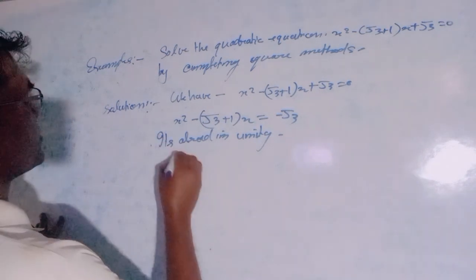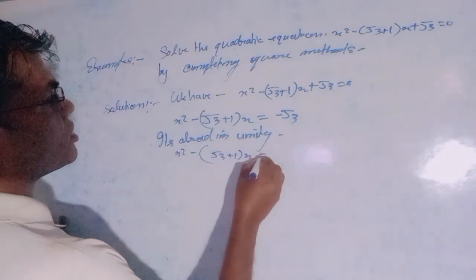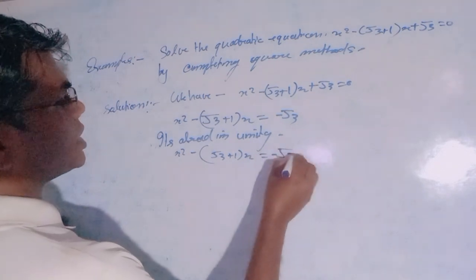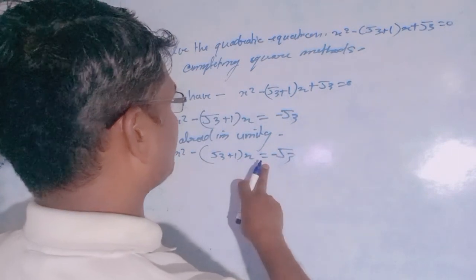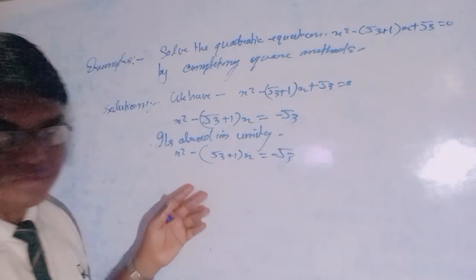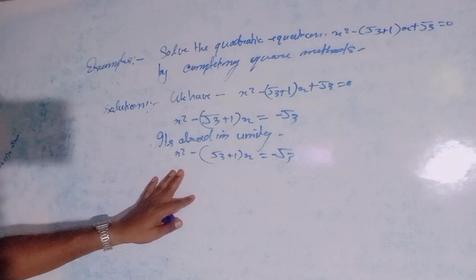So we write x square minus (root 3 plus 1) x is equal to minus root 3. We have transposed the value of c to the right side.